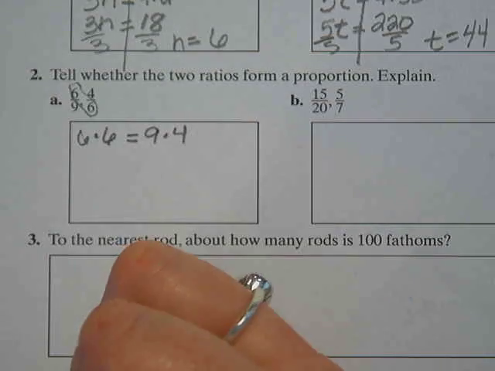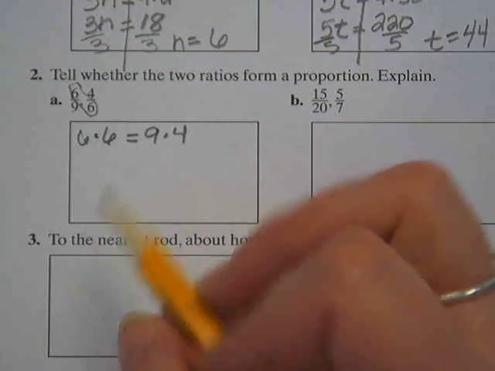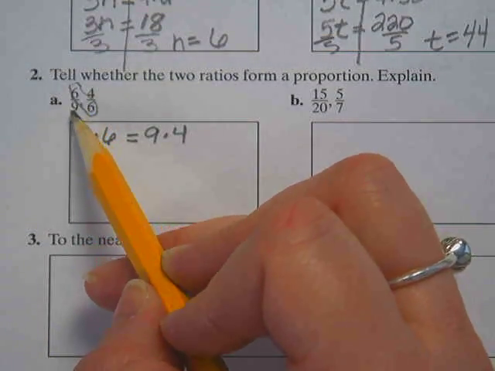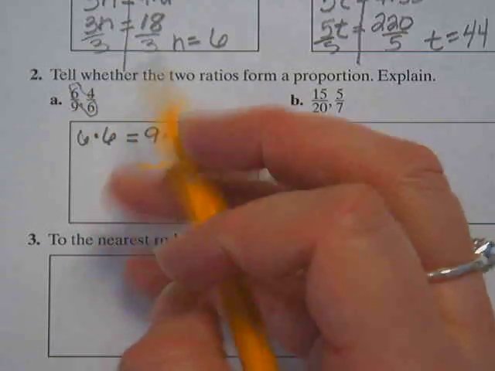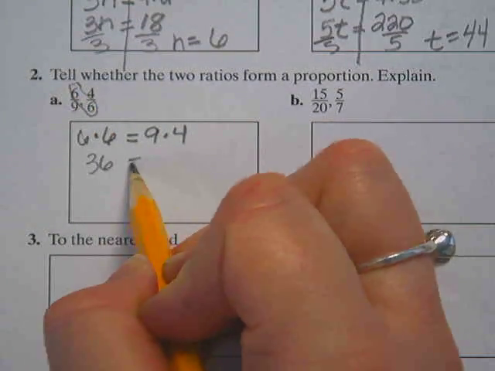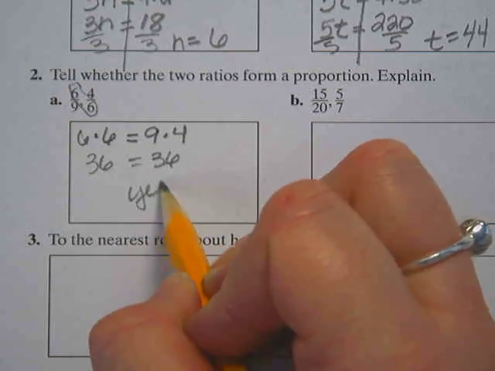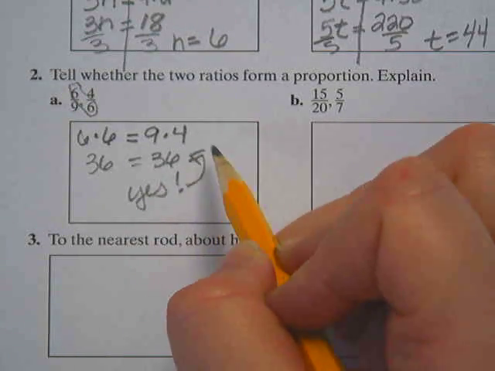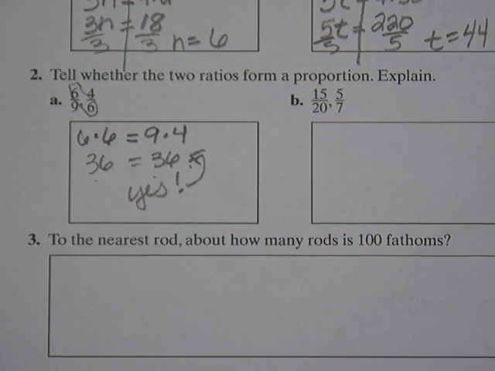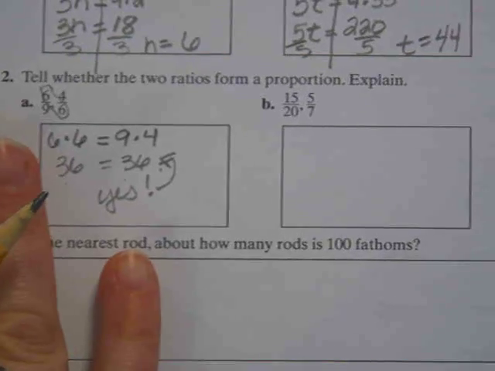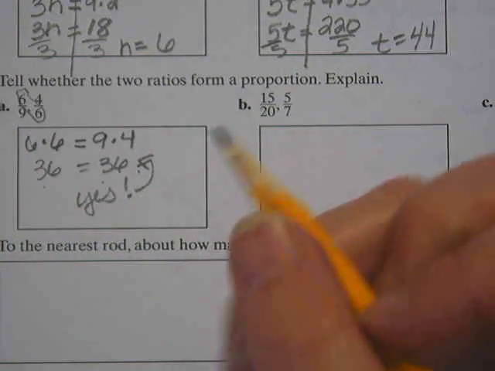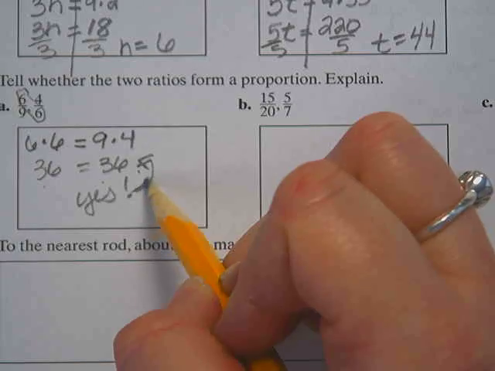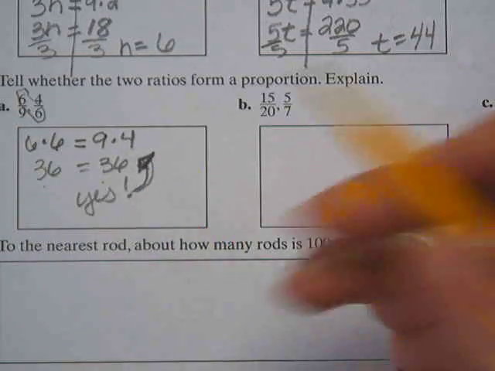A couple more. Number 2. Tell whether the two ratios form a proportion. So what do they have to equal? How do we know if they form a proportion? We know that 6 times 6 has to equal 9 times 4. They're asking us to compare this ratio to this ratio. Does 36 equal 36? Yes, and you could say because 36 equals 36.